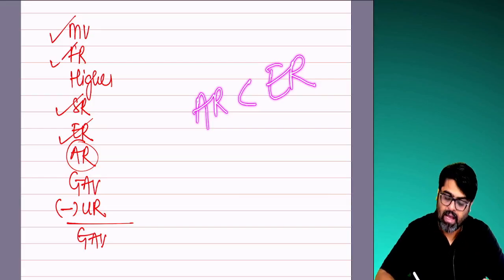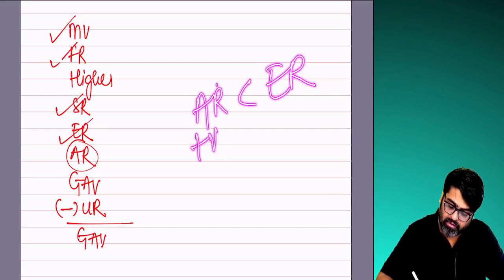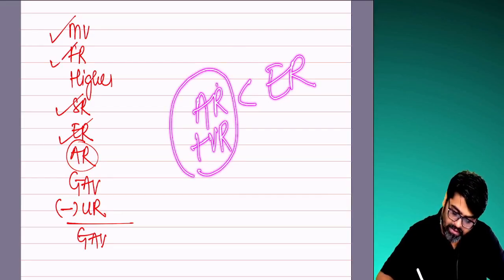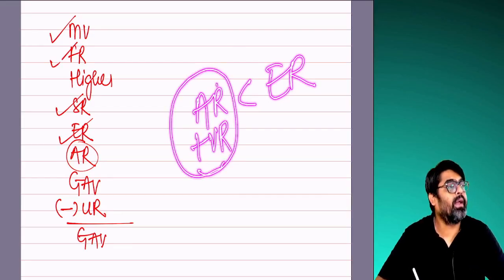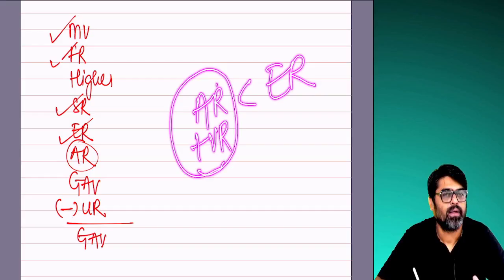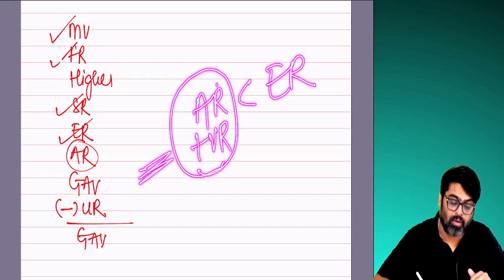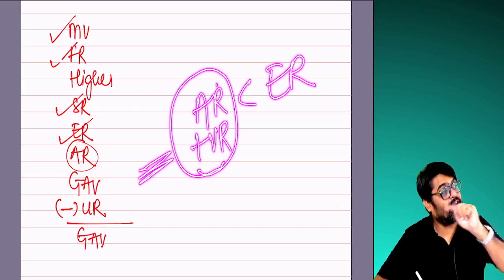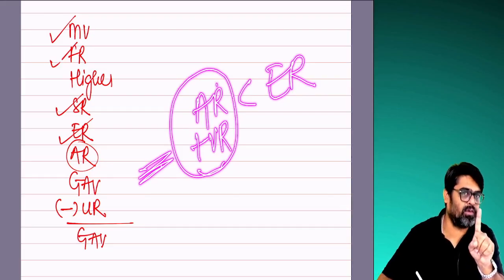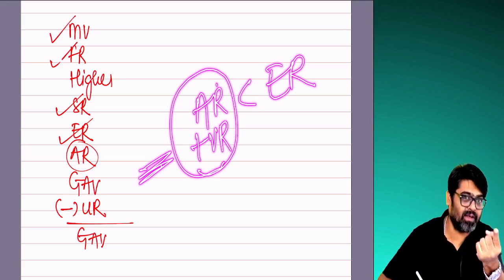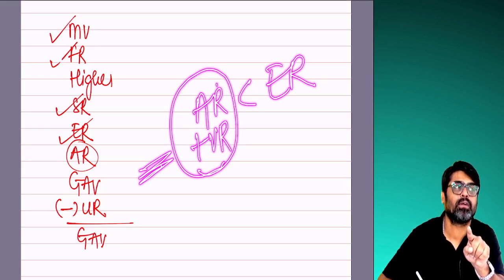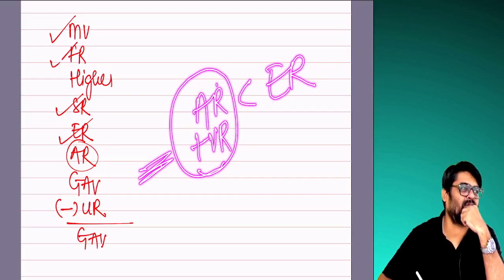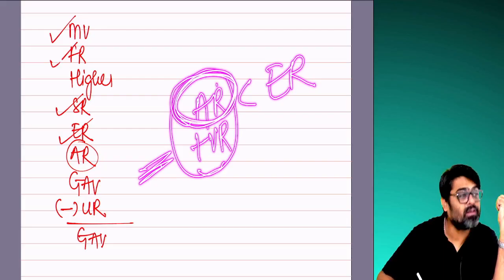Meaning that I have added the vacancy rent with actual rent, and if the total amount is greater than or equal to expected rent, in that case vacancy was the reason because of which actual rent was lower. Yes or no? So in that case, AR will be taken as GAV.